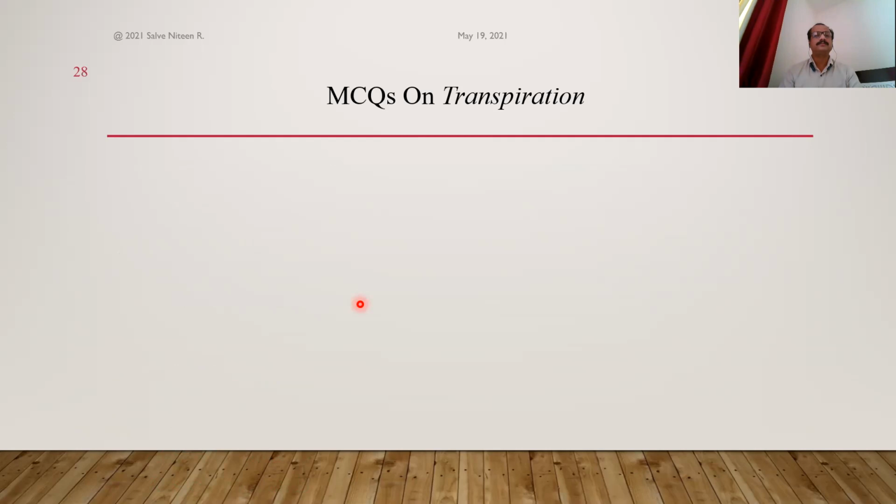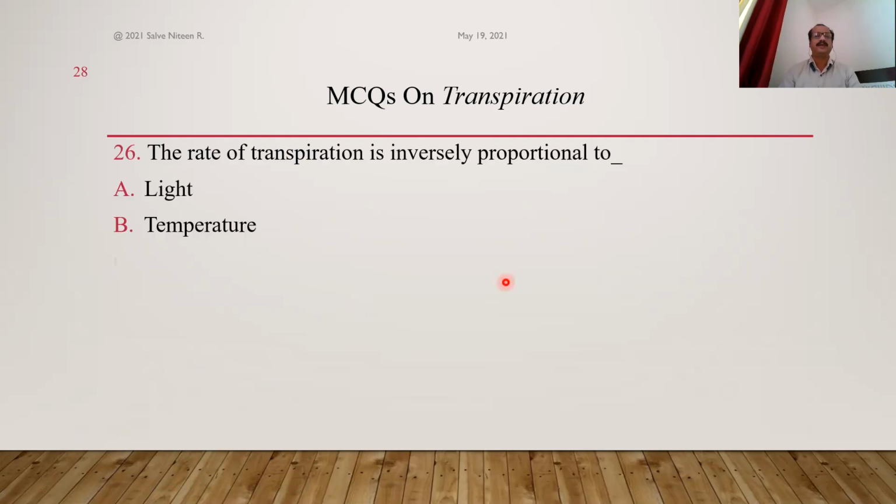Okay, the rate of transpiration is inversely proportional to, again, light, temperature, wind velocity. These are external factors which are directly related to transpiration, but carbon dioxide concentration is inversely proportional. That means when carbon dioxide concentration increases, the rate of transpiration decreases, and therefore this gas, carbon dioxide, also acts as an antitranspirant substance.